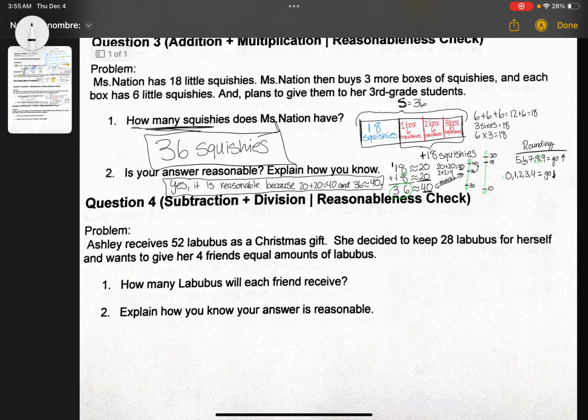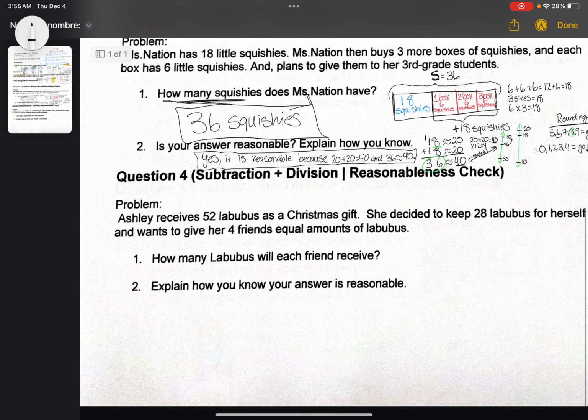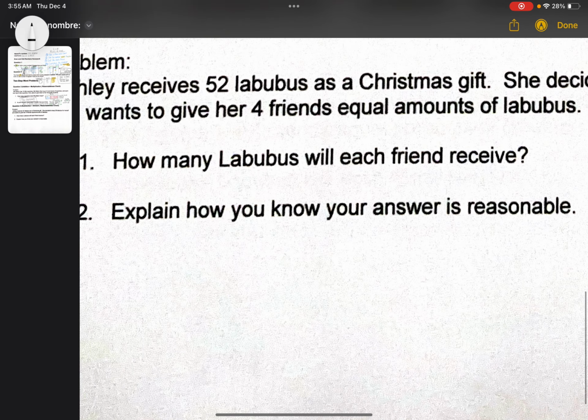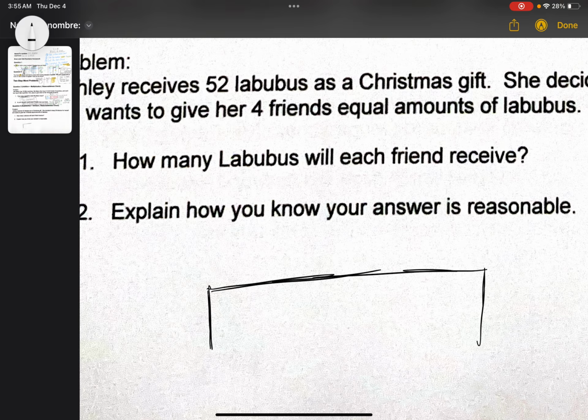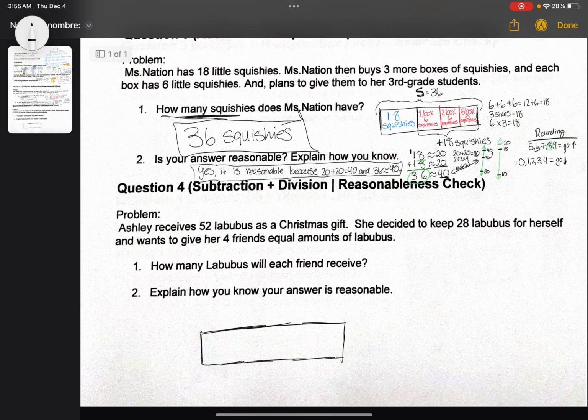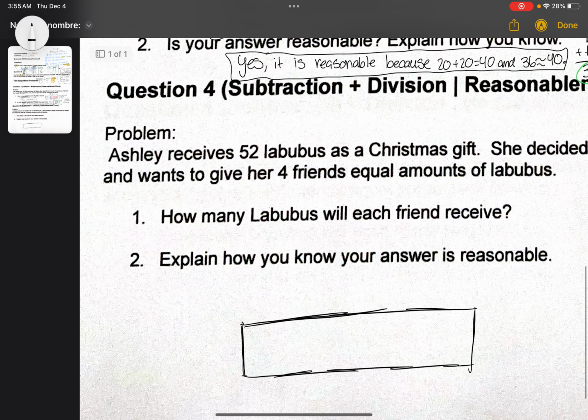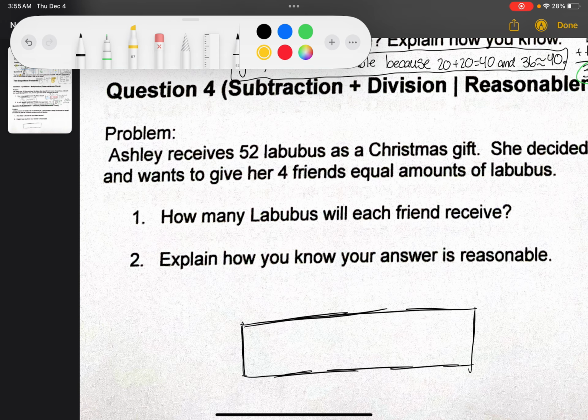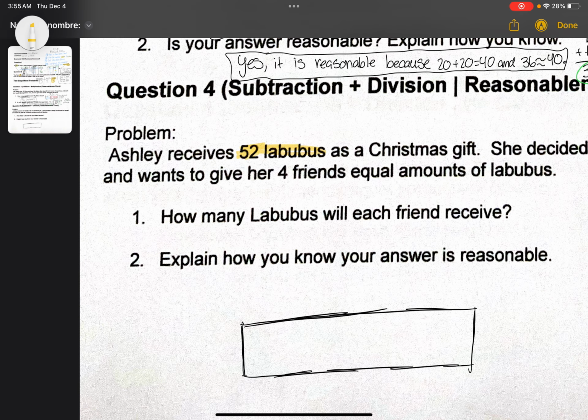Now, let's do the problem. We're going to make a strip diagram because we are going to do some adding and some subtracting in this problem. And we need to figure out our total. So, Ashley received how many? She received a total of 52 Labubus.